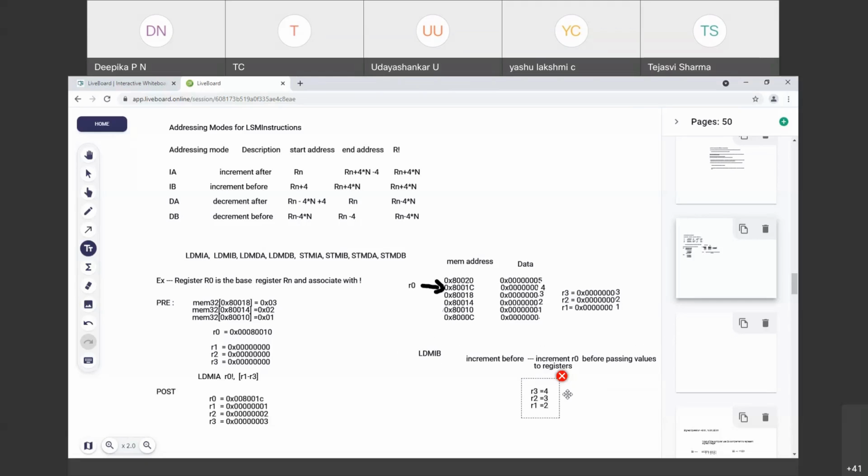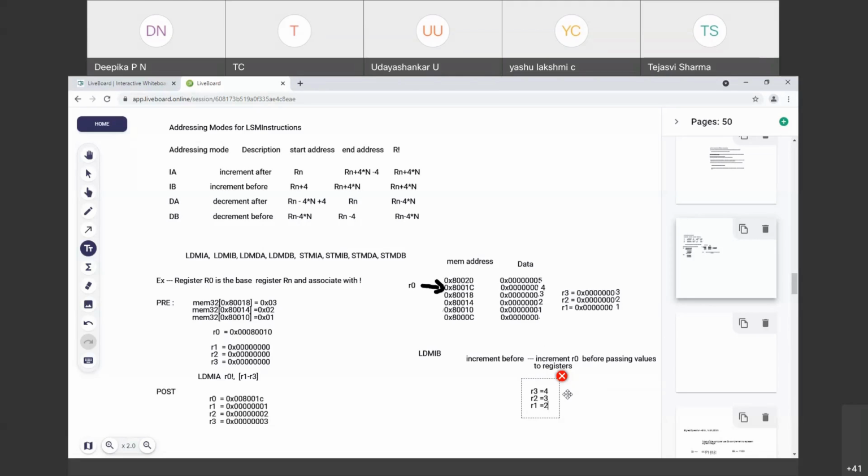Loading the contents from the memory location to the register is the meaning of a load instruction, and it uses the addressing mode called increment after or increment before, and with the exclamation sign, it updates the register value where it is pointing to after the execution. R0 is now pointing to the same thing, 80,001C, after execution.